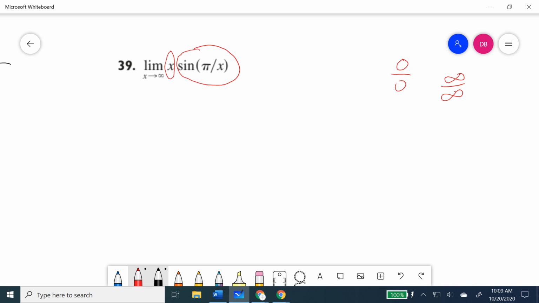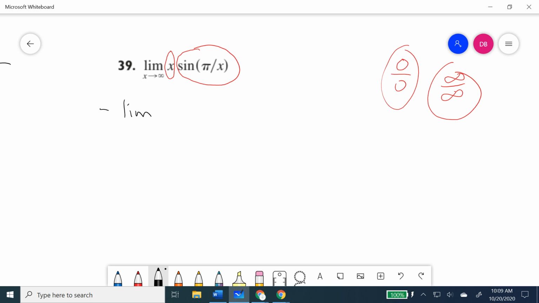And every time that happens, you have to rewrite it as a fraction that comes up as one of these two. So who do you want to reciprocate to the denominator? Okay, we will reciprocate x to the denominator.